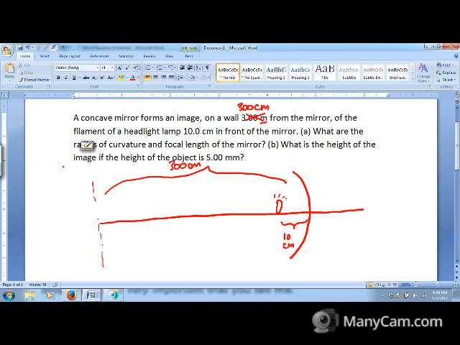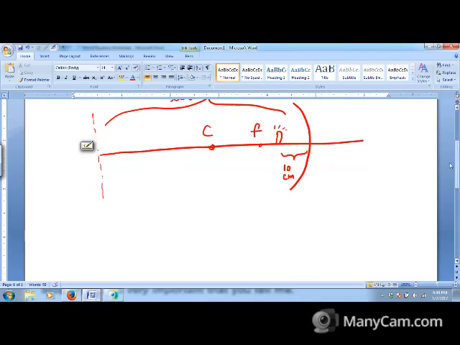Part A. What are the radius of curvature and focal length of the mirror? The radius of curvature is just whatever your focal length is, times 2. So if we know the object distance and we know the image distance, we can probably just find the focal length.